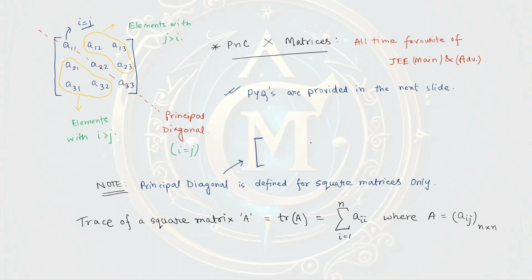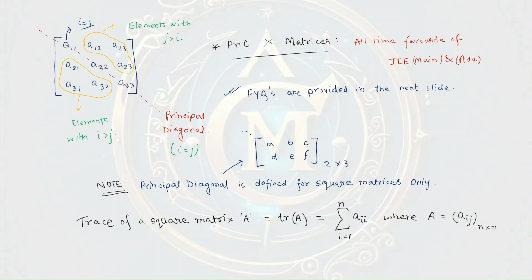Let us take a general matrix A of order 2 by 3, with elements a, b, c, d, e, f, that is, 2 rows and 3 columns.